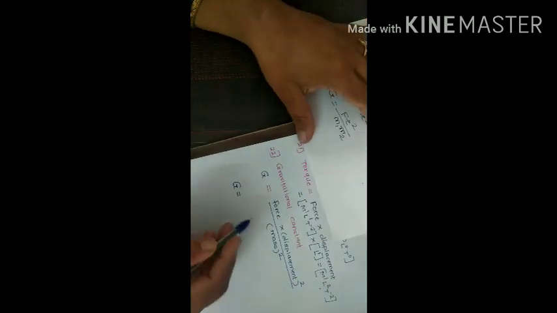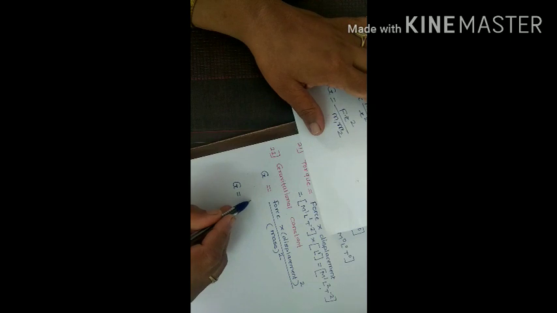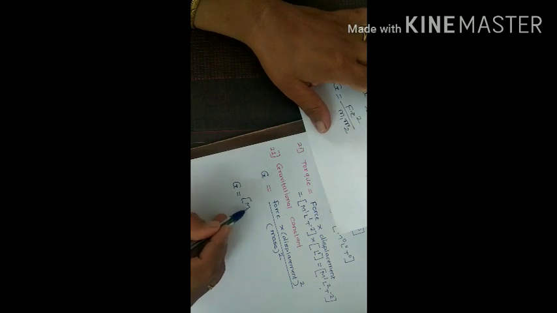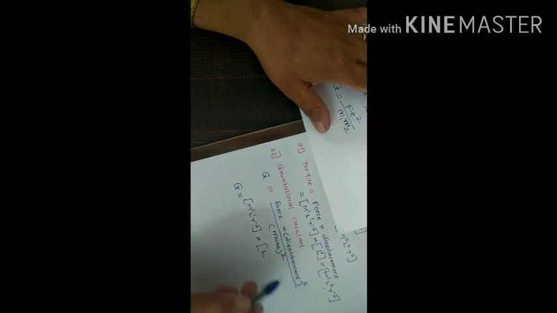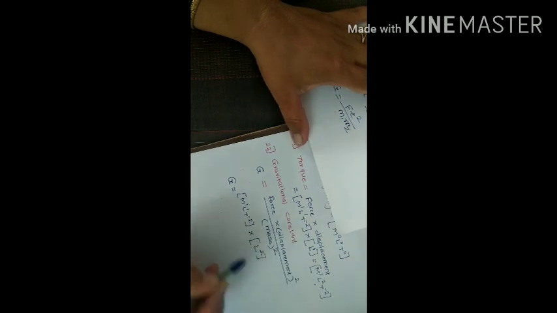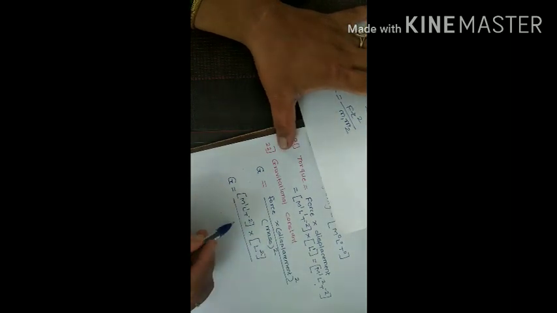Then here we are taking the dimensions for force, that is M1 L1 t raised to the power minus 2. Then for displacement, that is L, and for square, that is L square, and for mass square we are taking M square.